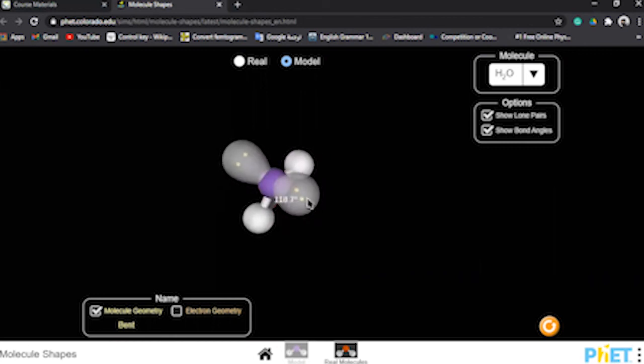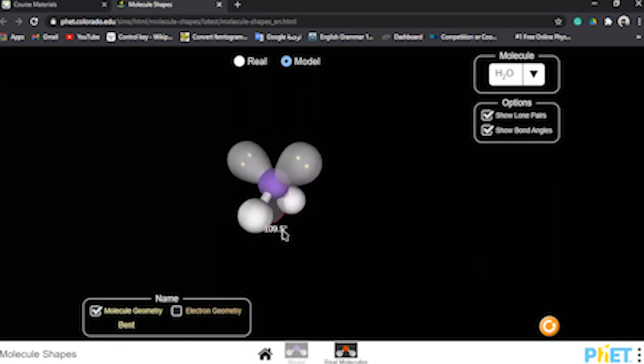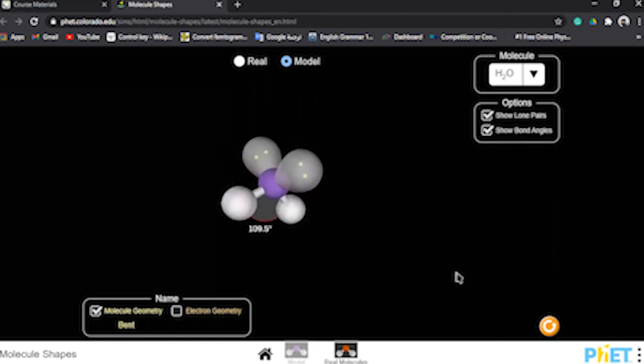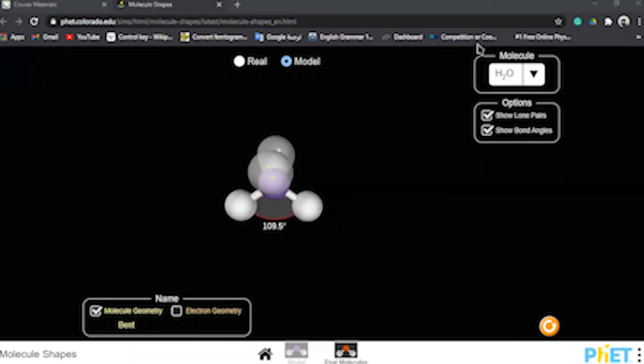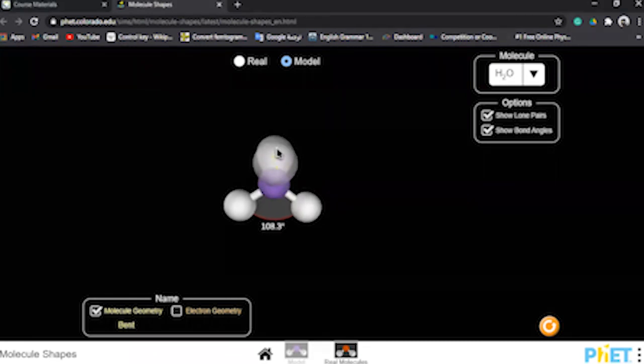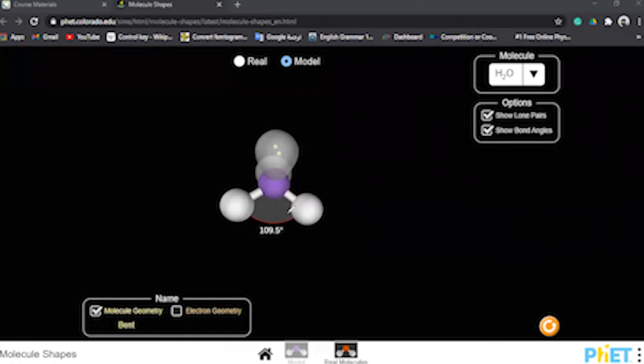If we want to know if this molecule is symmetrical or not, we should draw a line of symmetry to know if this atom has another atom that cancels it out or not.